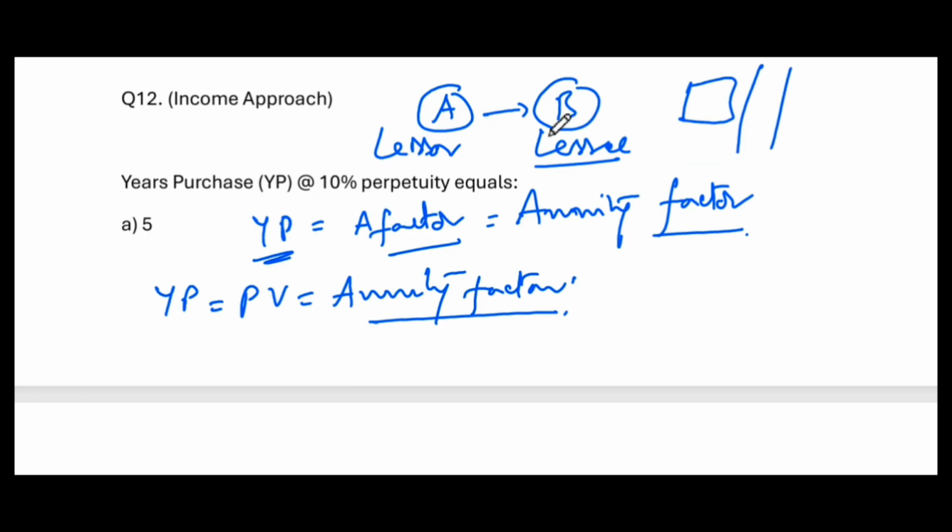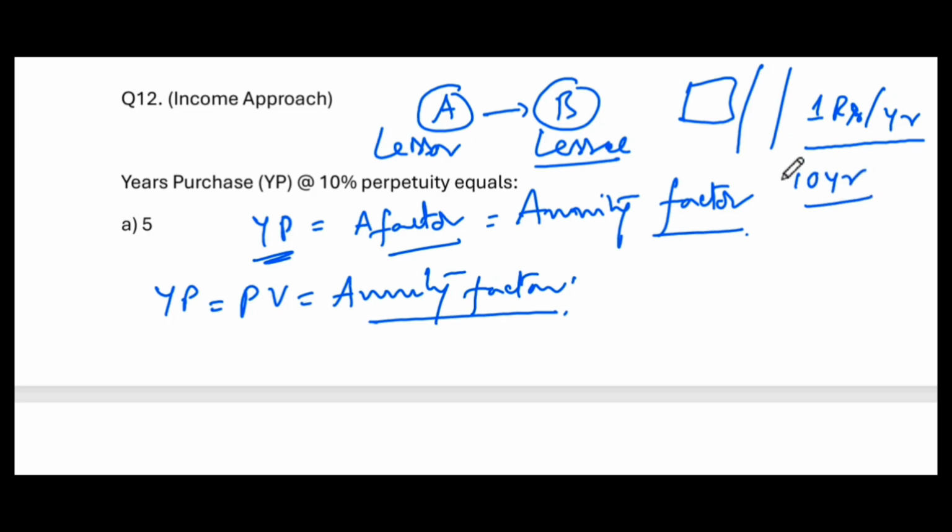B asked A to take a lease of this property. Say this property is generating an annual income of 1 rupee per year. So B asked A for a lease period of 10 years.